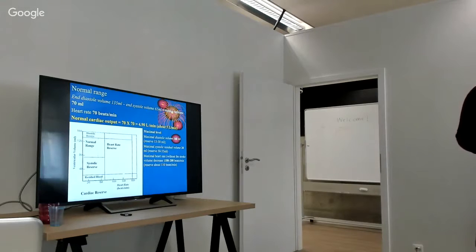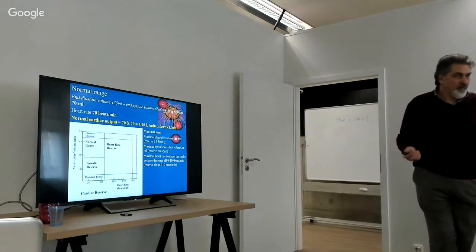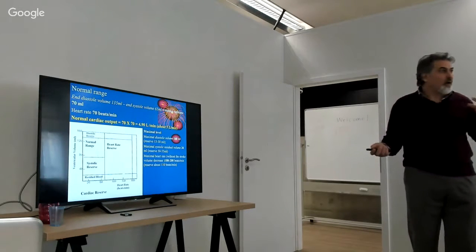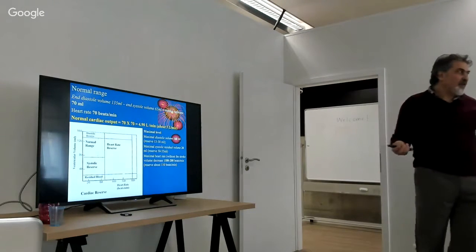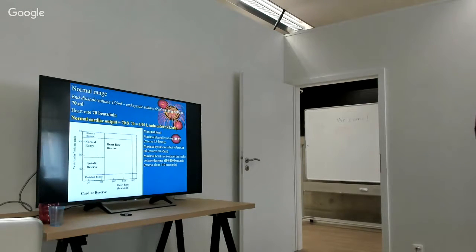We don't have a 100% ejection fraction. It can occur in some extreme situation, but it will be a problem because there are some receptors in the cardiac system that will lead to a slowing down of the heart rate, just an attempt of the heart to say, oh, I need to rest to fill.